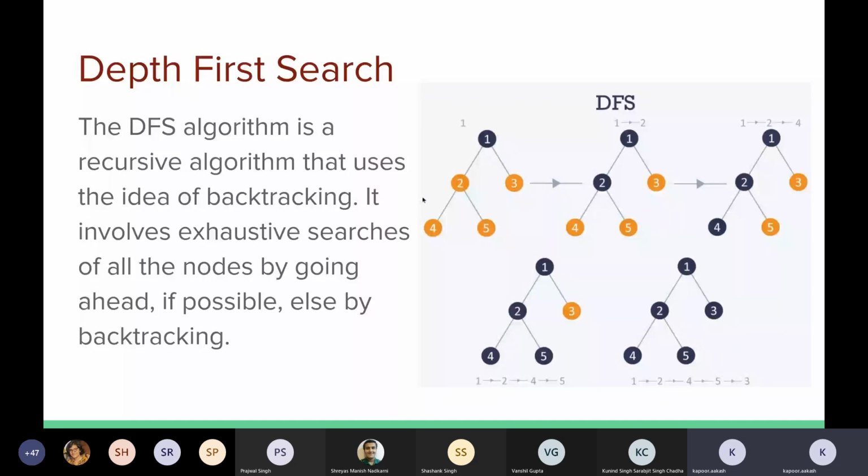Now if you go to 2, you cannot go because it's already been visited. This exploration is done. Now because 1 is the starting point, go to another one, 3. Okay, 3 is visited. Oh wow, you've explored the entire graph, right? So this is how you would do depth first search.